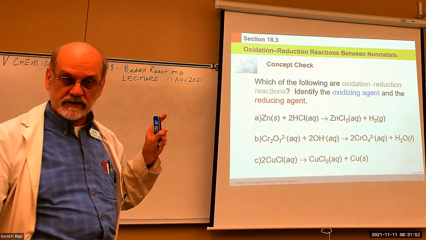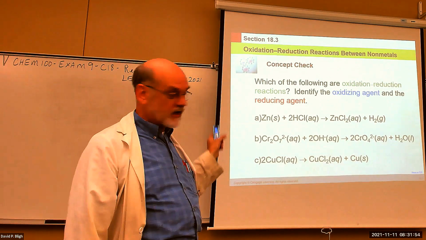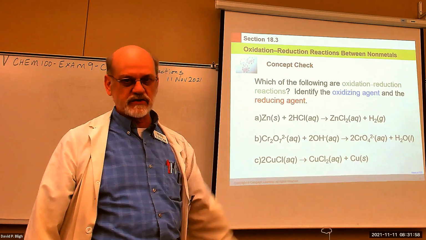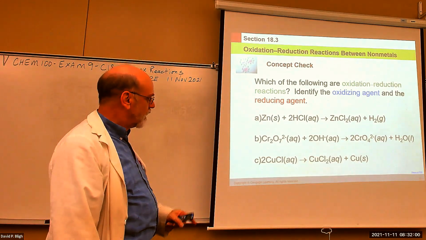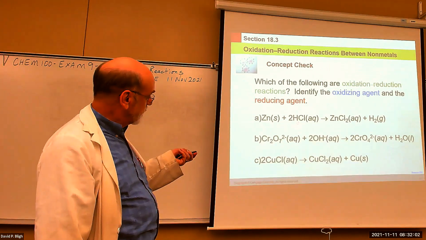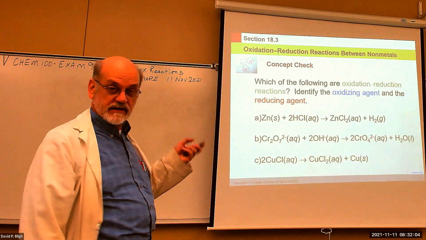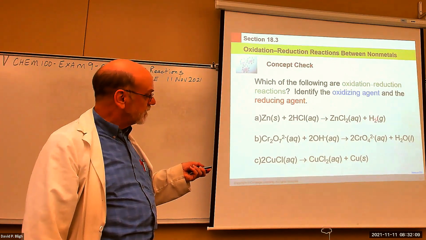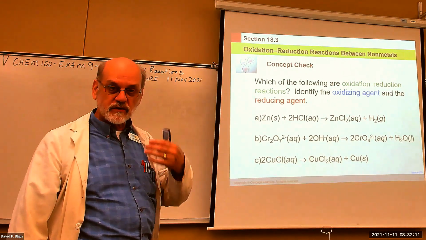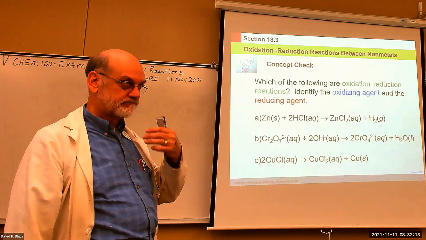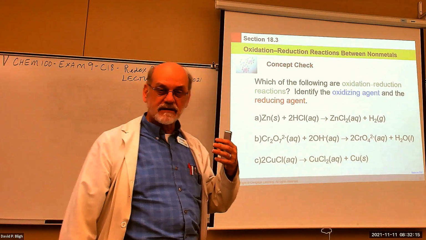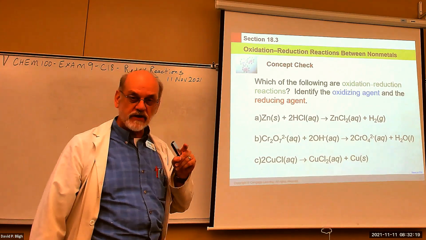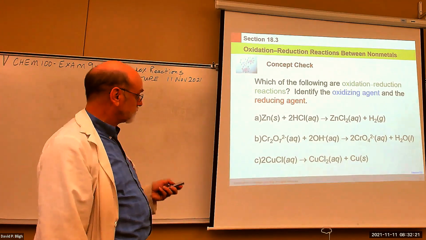It's in a compound. If that element enters a compound in the product, you have had oxidation reduction. Or, in this case, if the element hydrogen is in a compound on the reactant side, and now it's a neutral element on the product side, that's also an indicator that oxidation reduction has taken place.